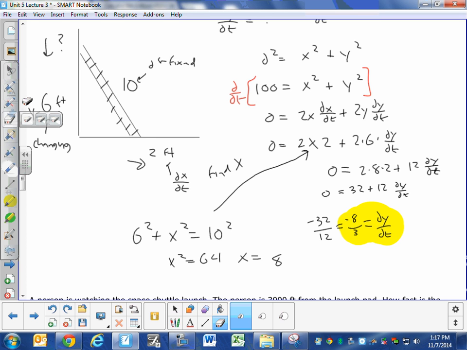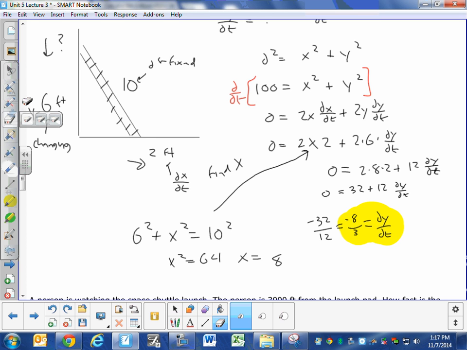Ms. Quinn? So even though in this problem the y value is like a variable, like it's changing, you can still plug that number in when you're trying to find x. You plug it in at the end, because the question is asking us to find how much the top of the ladder is going down at this specific moment. So it will always be at a height of 6 feet above the ground. It's at this specific moment, when the height is 6, how fast is this moving down?